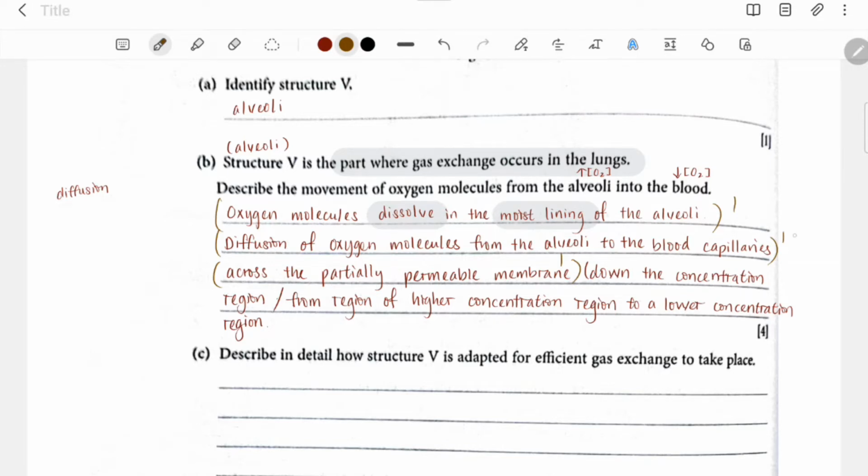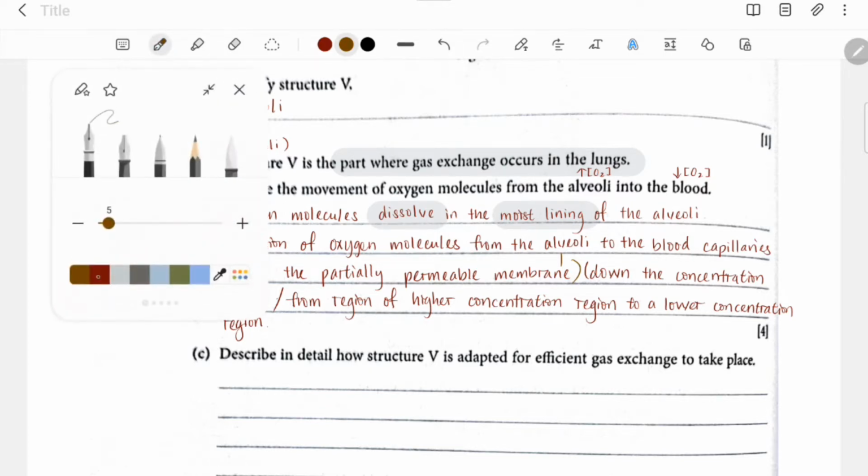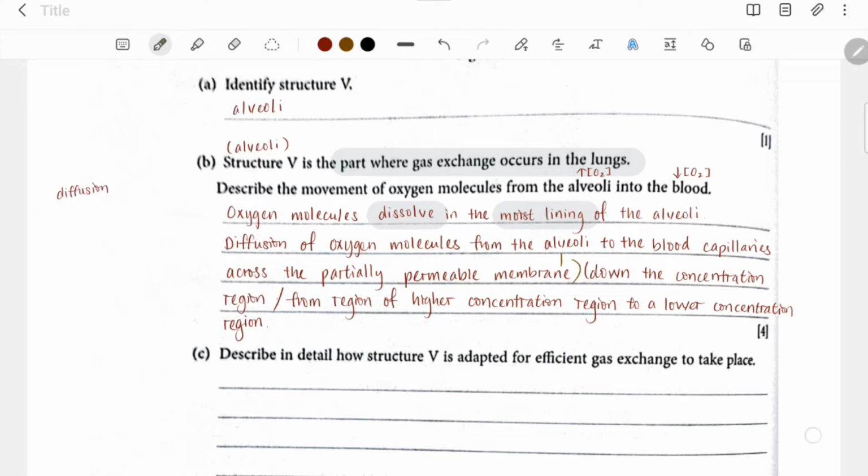And then I think I should change color because this color is quite dark. Let's use green lah. Okay, so first mark, second mark, and then third mark is over here. Fourth mark.